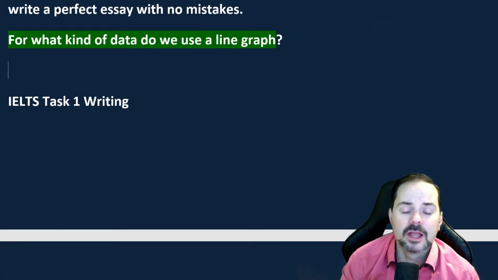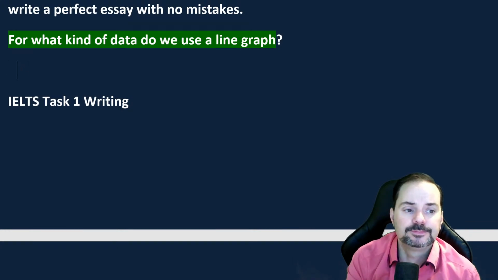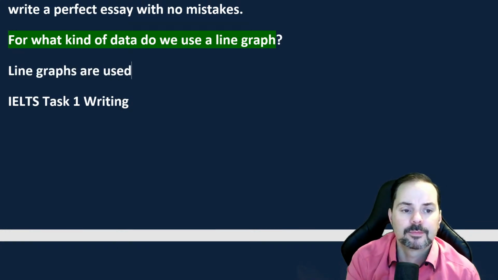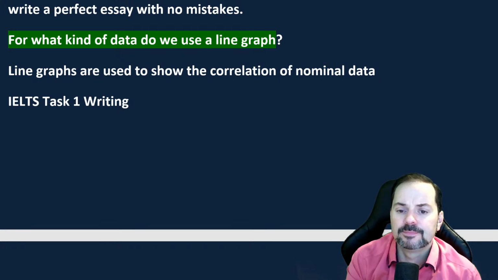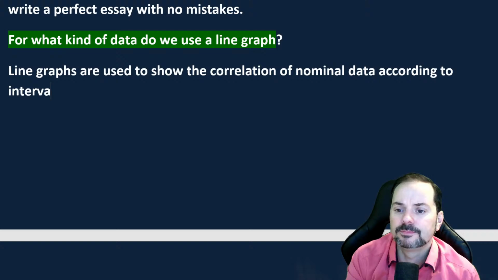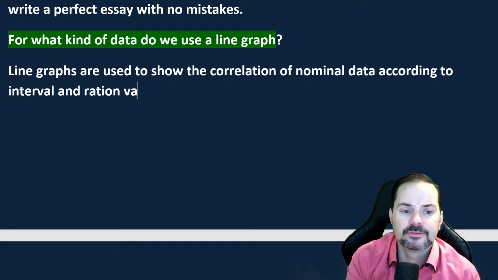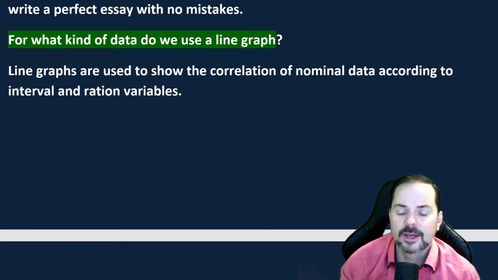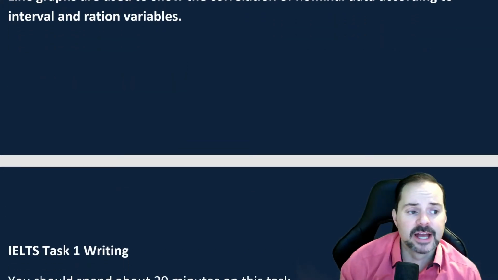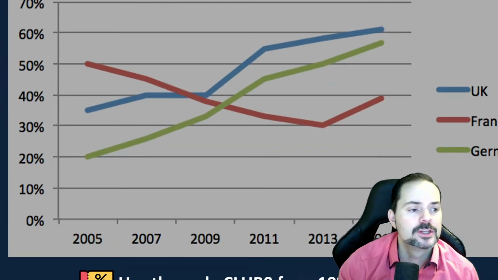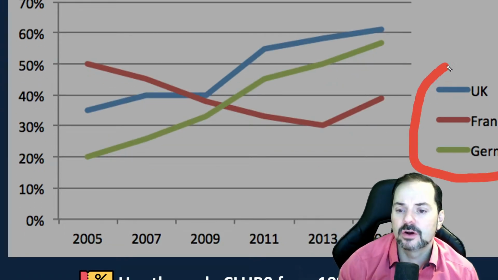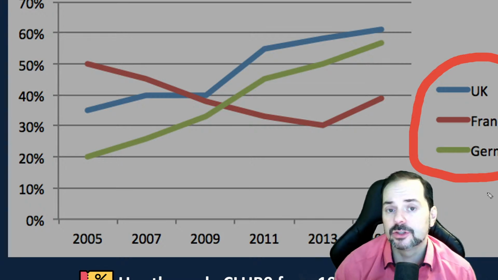So line graphs are used to show the correlation of nominal data according to interval and ratio variables. Okay, so what is the nominal data, you ask me? The nominal data are the countries. Okay, so you see here the countries are UK, France, and Germany.